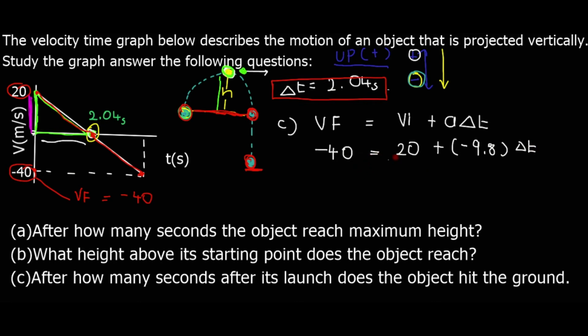Then from here we take this number to the other side, it will be minus 20, minus 40 gives minus 60. And then we divide both sides by negative 9.8, and our answer is 5.92, and this is our answer.